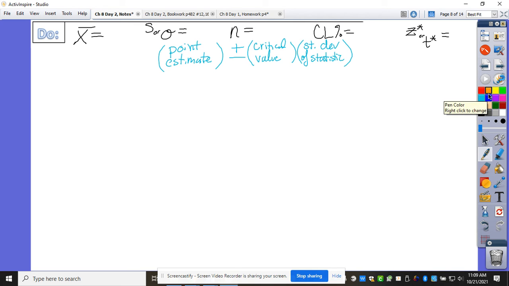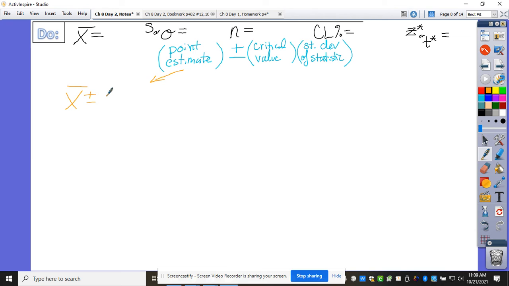So I'm going to go ahead and write what our two equations are. So yesterday, we started with our point estimate. Yesterday, what was our symbol for our point estimate? X bar. Yesterday, what did we use as our critical value?